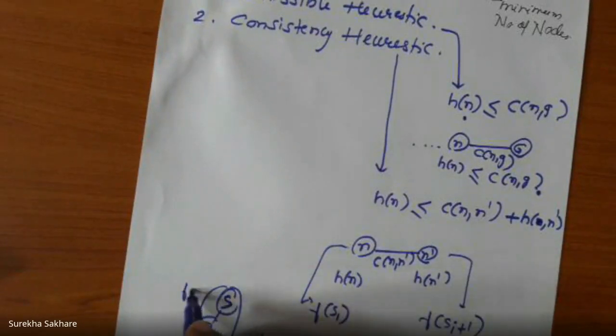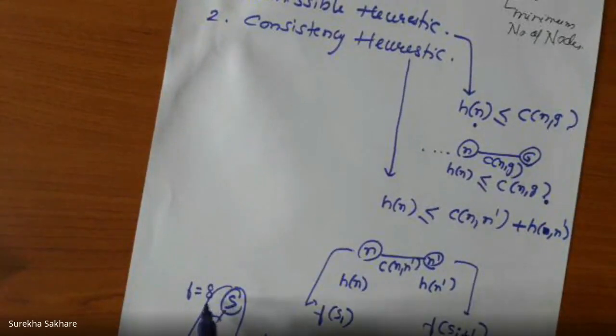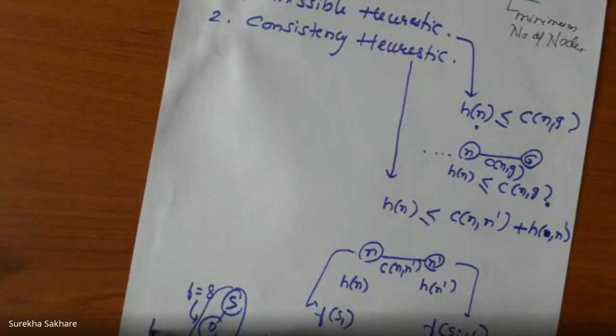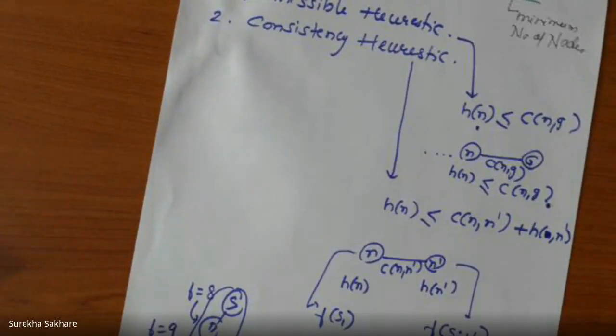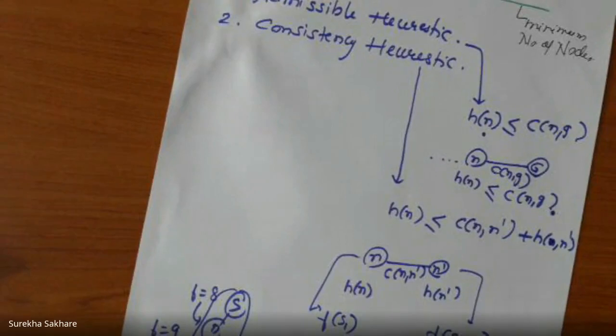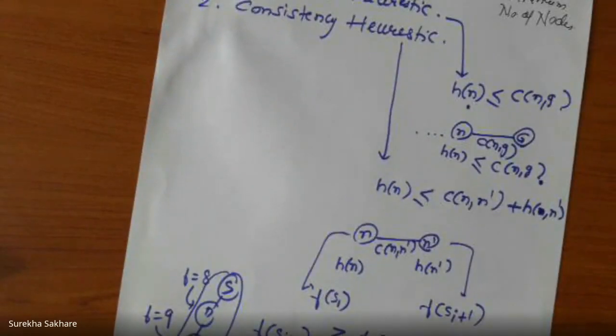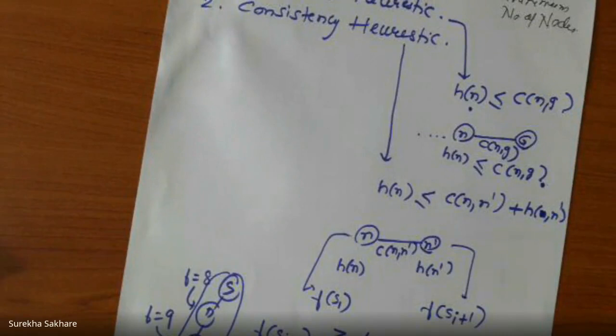Here my f value should be 9 then. Here my f value should be 11. Here my f value should be 12. So it should keep on increasing. Increasing values is the thumb rule. This is nothing but consistency.